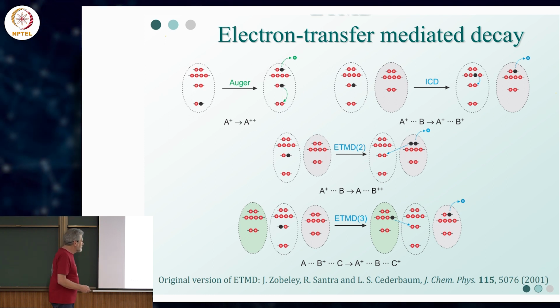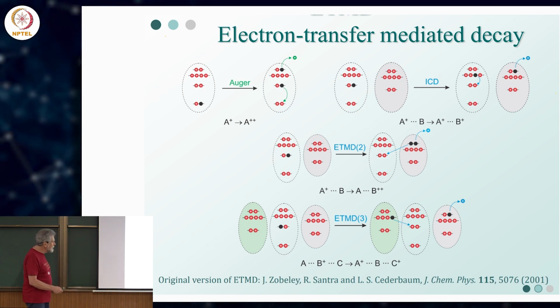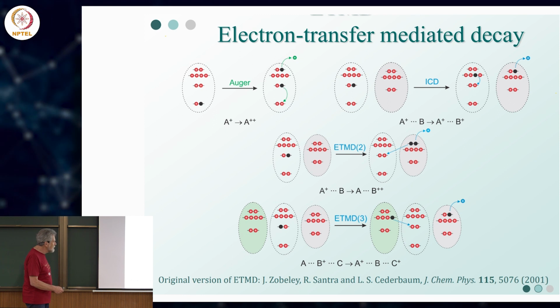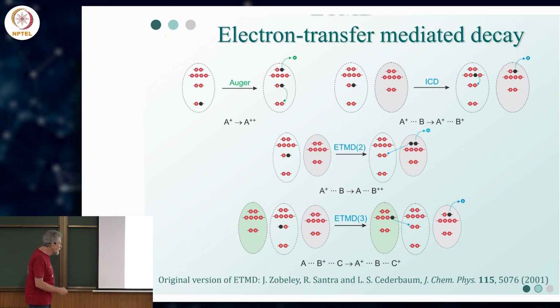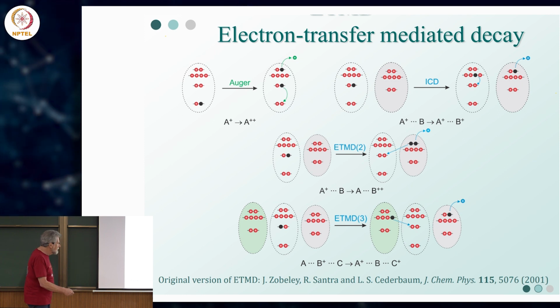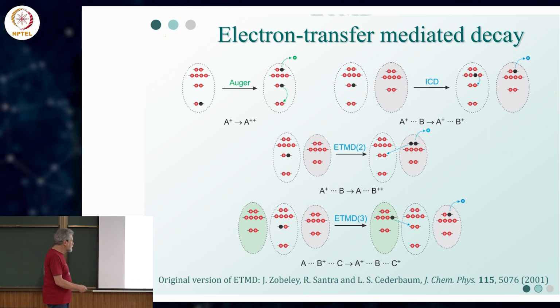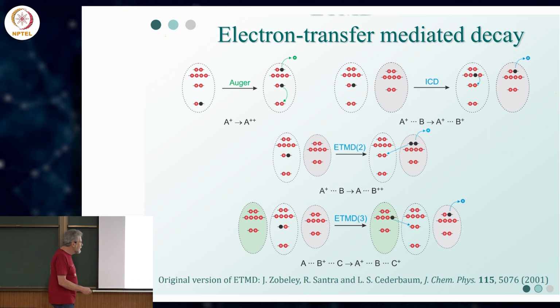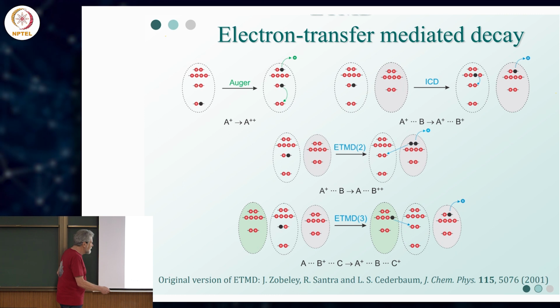Okay? So now there is ETMD 2 and 3. 3 means that 3 bodies are involved. So one now donates this electron to neutralize this one, the one which carries the original excess energy, and the energy is then transferred to a third neighbor, like ICD, if you like, and kicks it out.